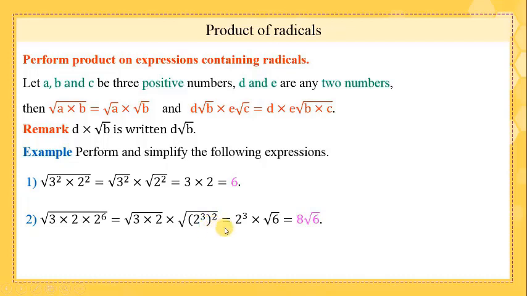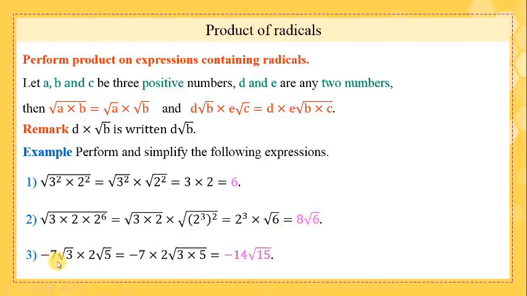So we get 2 to the power 3 times radical 6. The radical 6 comes from radical 3 times 2. 2 to the power 3 is equal to 8. So the final answer is 8 radical 6.